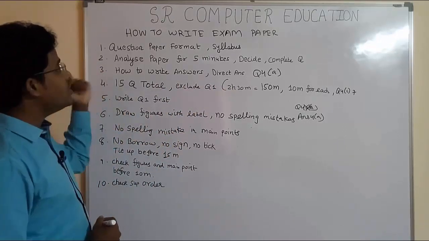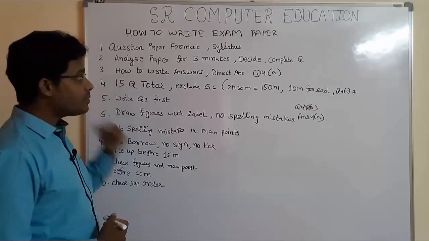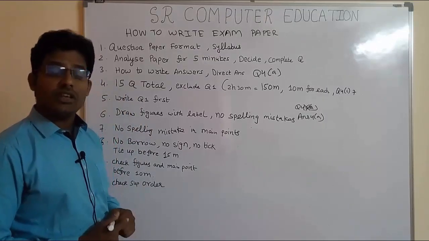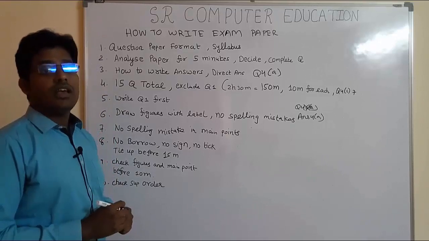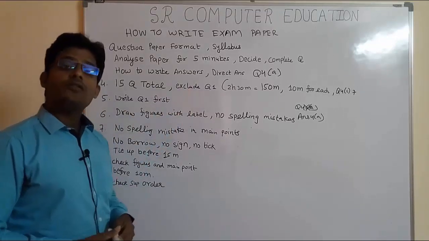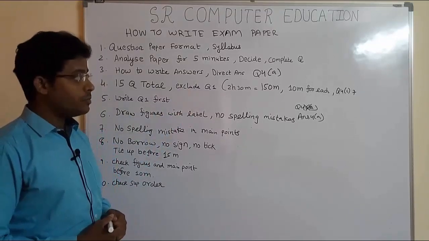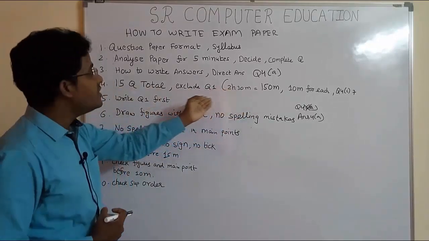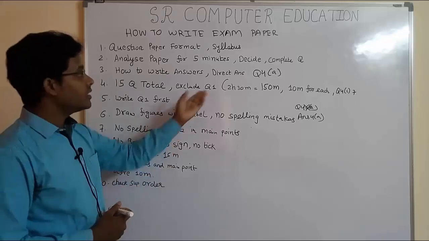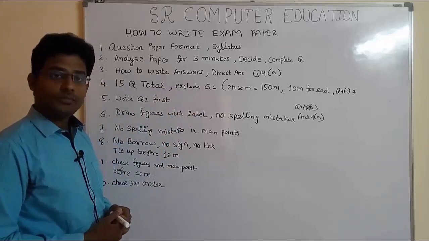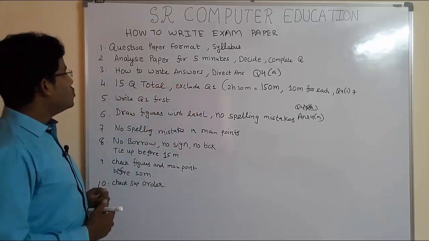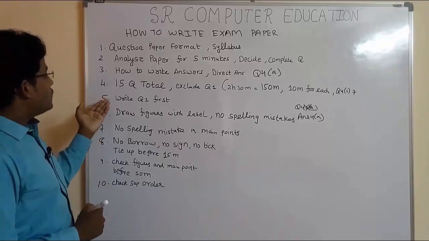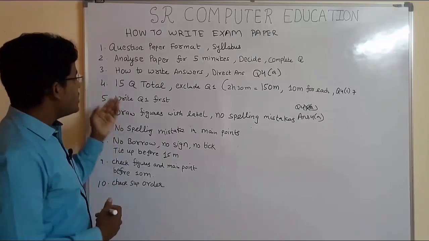That's why I told you in the third step not to write the question. If you keep on writing the question, you will lack time to complete your paper. So I hope this time calculation, managing time while writing the paper, is clear to you. Okay, let's move to point number 5.